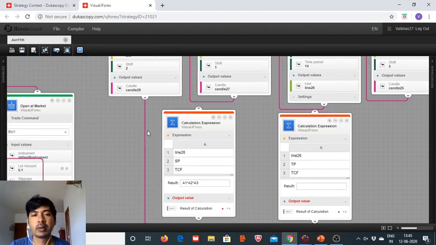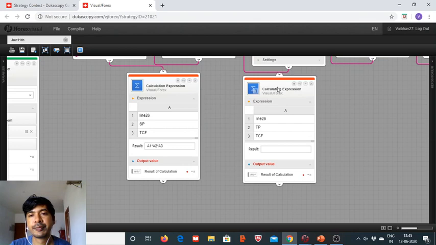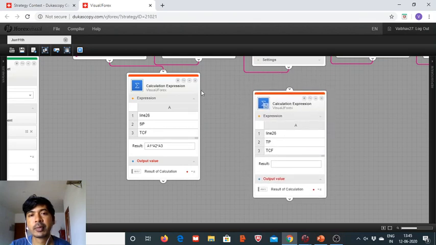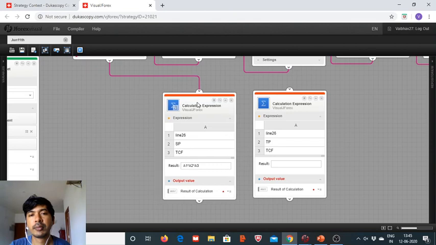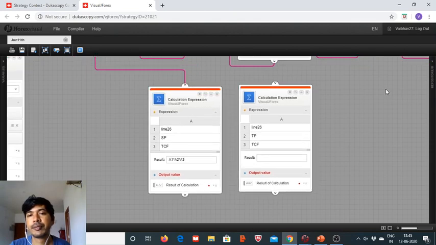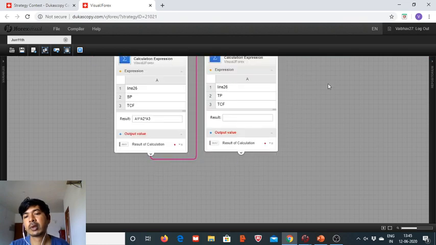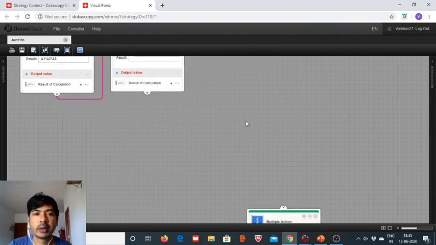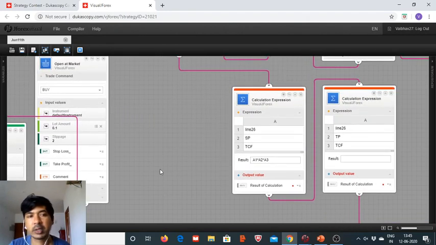So here we join it. Okay, now the type conversion factor calculation has been done.